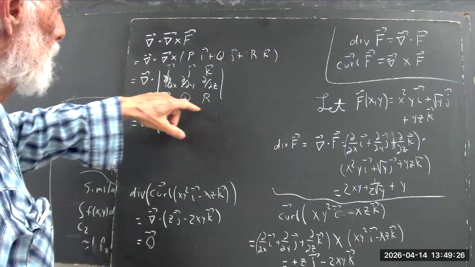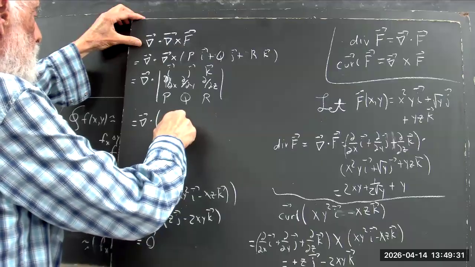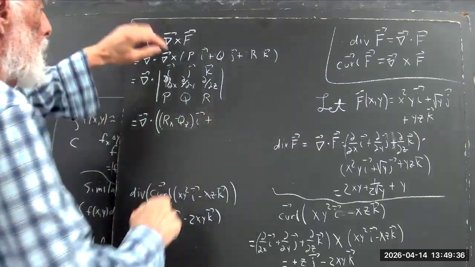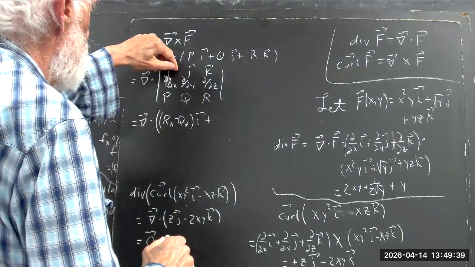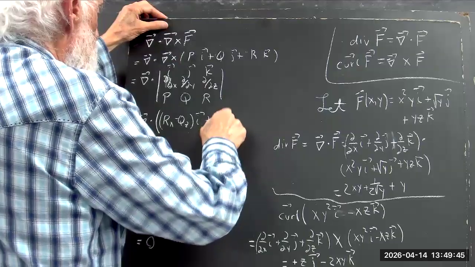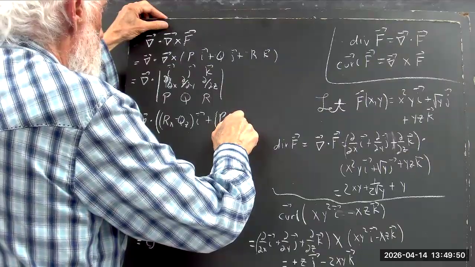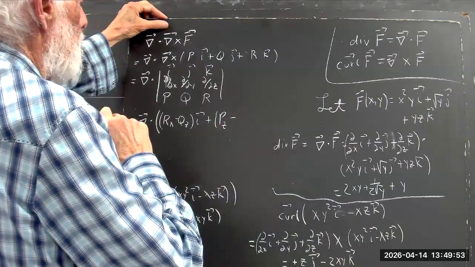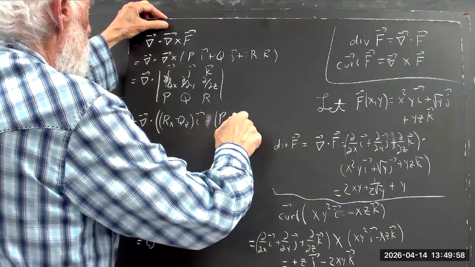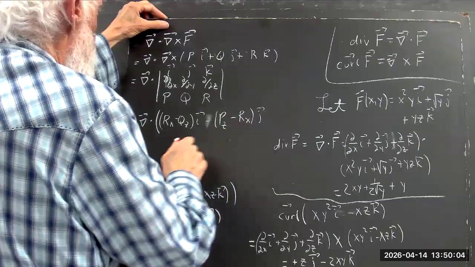Okay, well, it's i times R y minus Q z. It's j times P z minus R x.